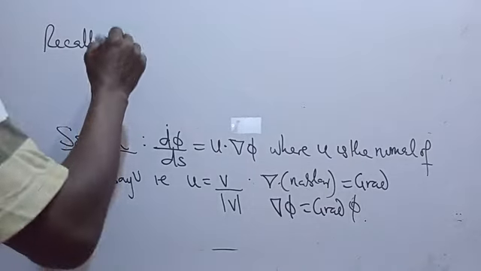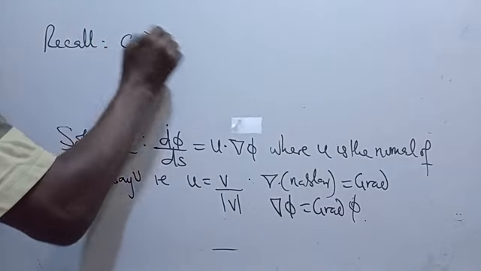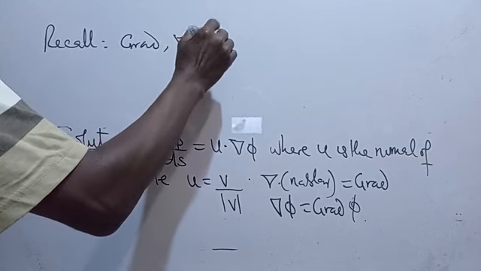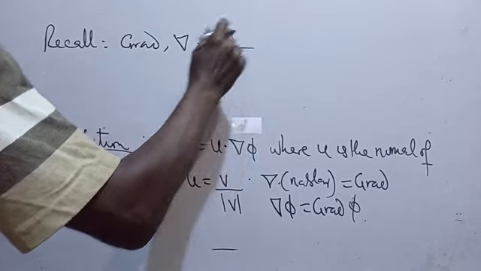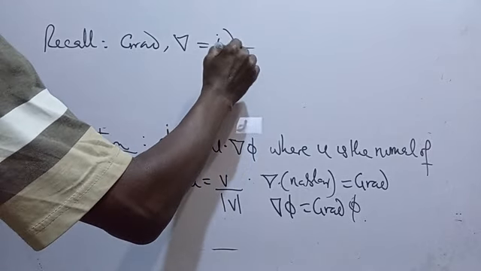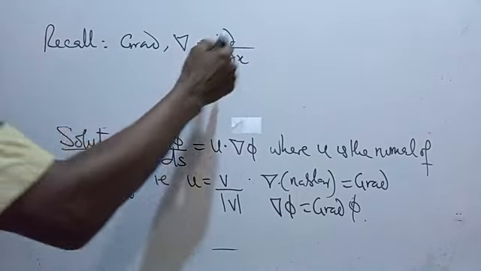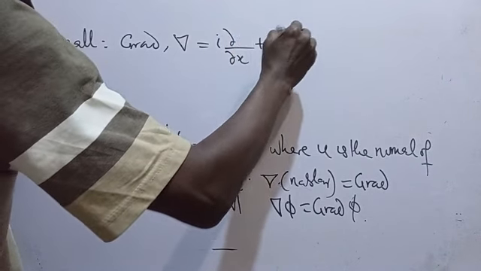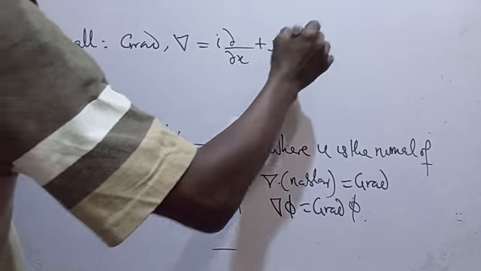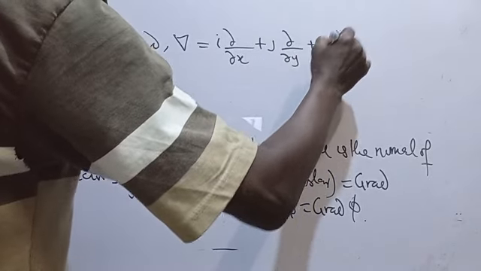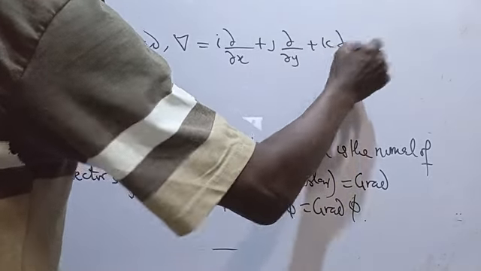Recall, grad, which is the nabla, is i times the partial derivative of the function with respect to x, plus j times the partial derivative of the function with respect to y, plus k times the partial derivative of the function with respect to z.